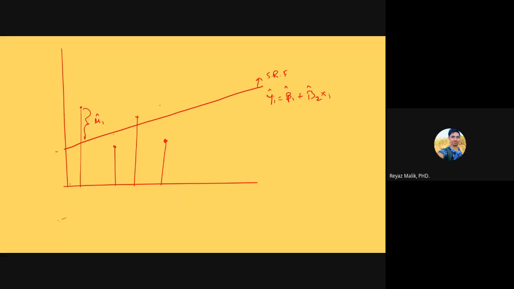The difference from here we will name as u2. Then the difference from here to here we'll name as u3. These are estimated ones. Then the difference from here and here we'll name as u4. Estimated.